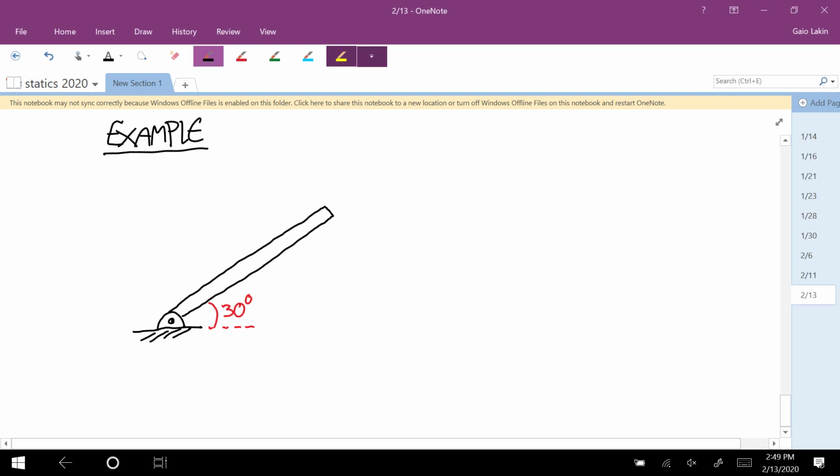And then at the top, it's in a slot, and that slot is vertical. The length of the beam is 2 meters, and the mass is 2 kilograms. What are the reactions at the two joints?